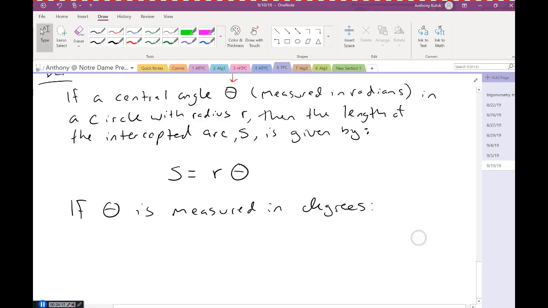If theta is measured in degrees, this formula becomes this. Why is that happening?